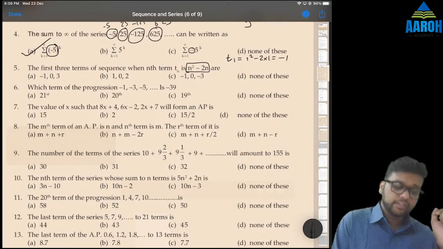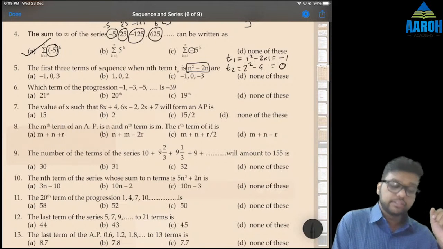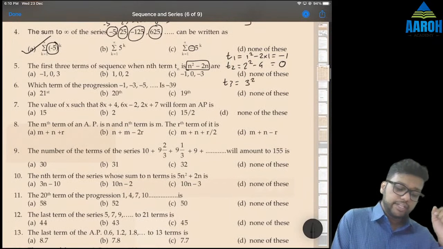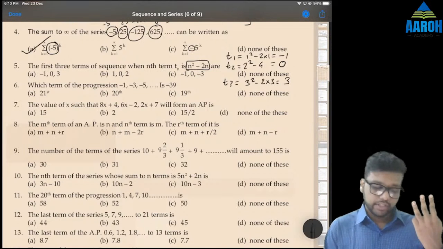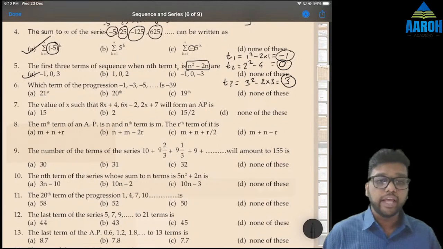That is going to be minus 1. Then T2, that is second term, will be 2 square minus 2 into 2, 4. That is 0. And third term T3 is equal to 3 square minus 2 into 3. So 9 minus 6, which is 3. So we got first 3 terms, right? -1, 0 and 3. That will be the correct answer, option A.